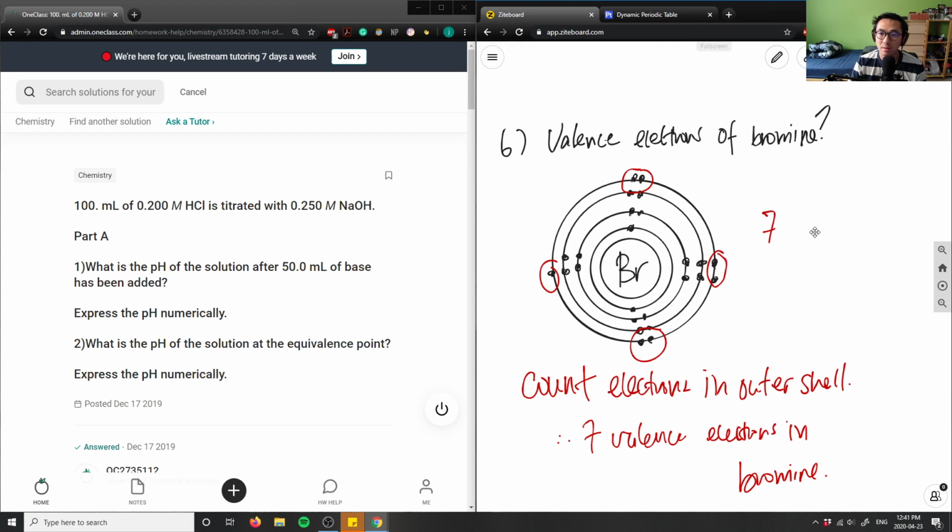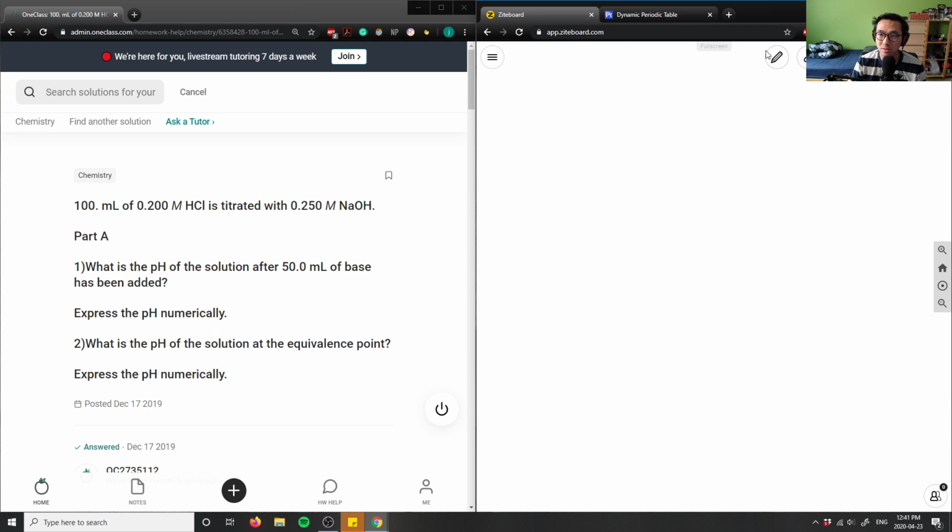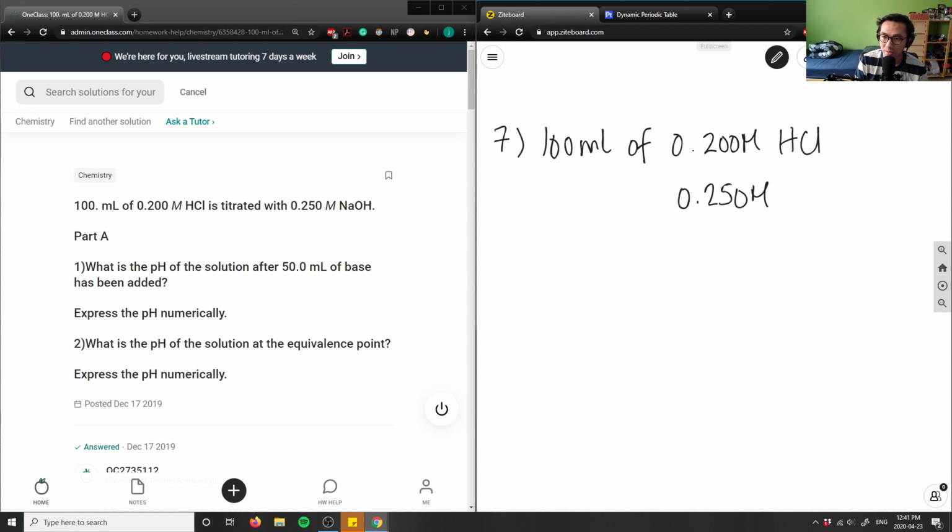That's good. Let's look at number 7 here. This is a titration type of question, kind of what you would see in grade 11, grade 12. So we have 100 mL of 0.200 molar HCl titrated against 0.250 molar NaOH.